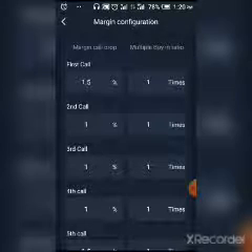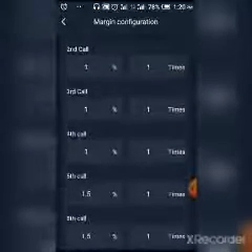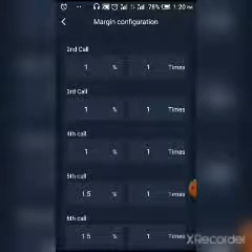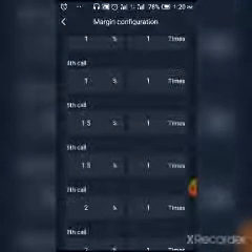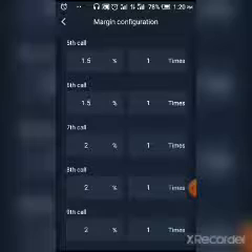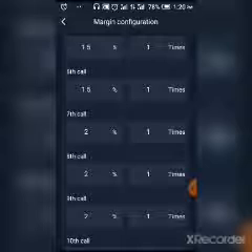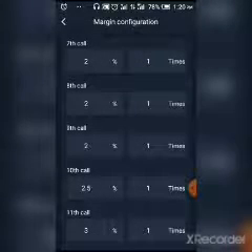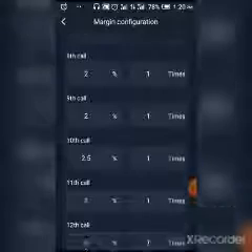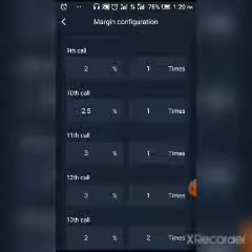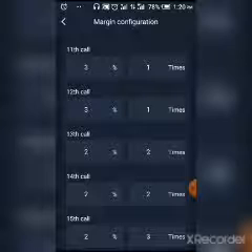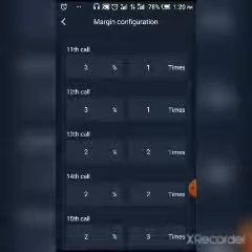Now, plus the first call, one time, plus 15, that's 30, plus another 15, second call, that's 45, plus another 15, third call, that's 60, 75, 90, 105, 120, 135, 150, 165, 180, 195. Now, at the 13th call, we are buying twice.